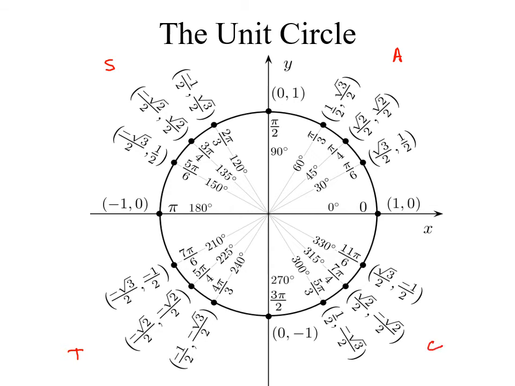So it's the same chart that we talked about then, except now we have both radian measures, degree measures, and points along the way. These points make up the trig values. These would be the sides of your triangle. Like for instance, take this 30-degree angle right here.